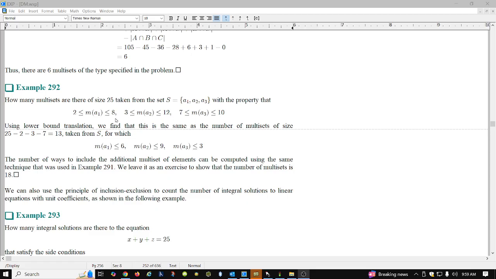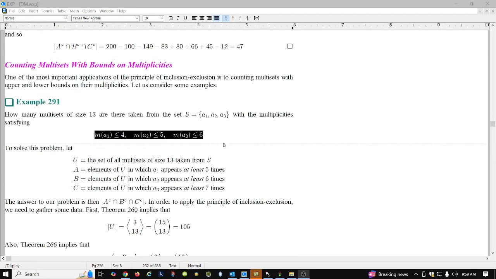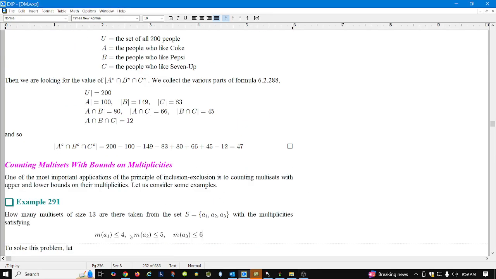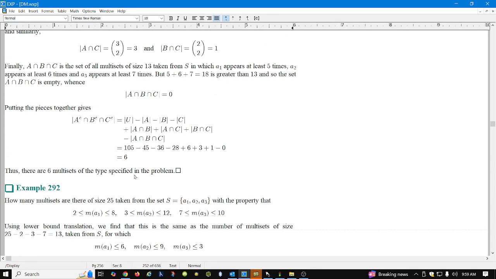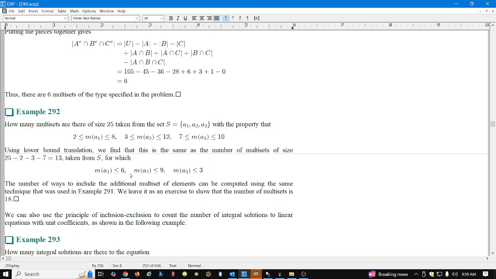And so the answer to this will be the same as the number of multisets of size 25 minus the sum of the lower bounds, 13, taken from S, with these three upper bounds. Well, this reduces to a problem identical to this, except I've got different numbers here for the upper bounds. So I'll let you work through that. And the answer is 18.